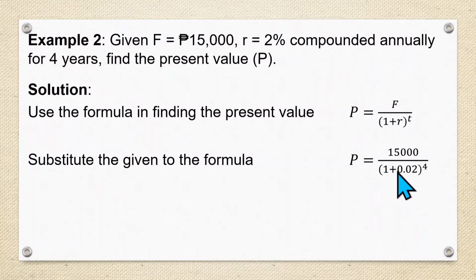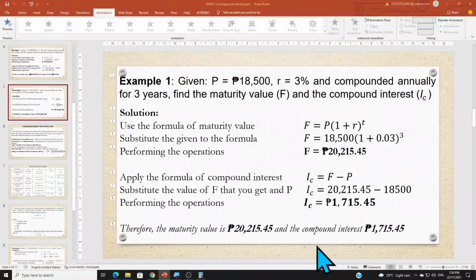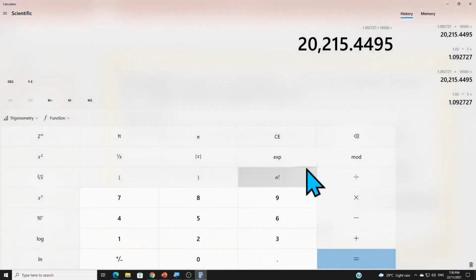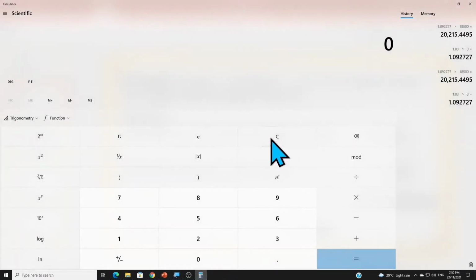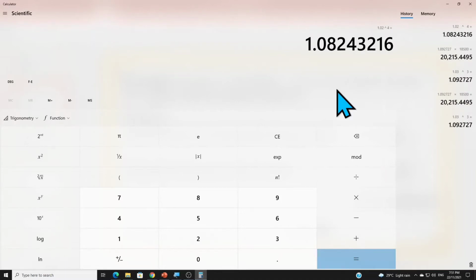So 1.02, we're going to use a calculator again so that we can perform the operation quickly. So 1.02, use the function x raised to y, then our y will be 4, and then we will have 1.08243216.